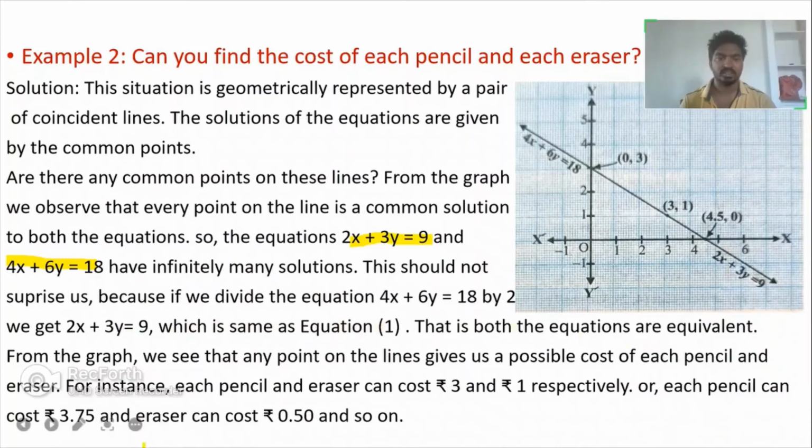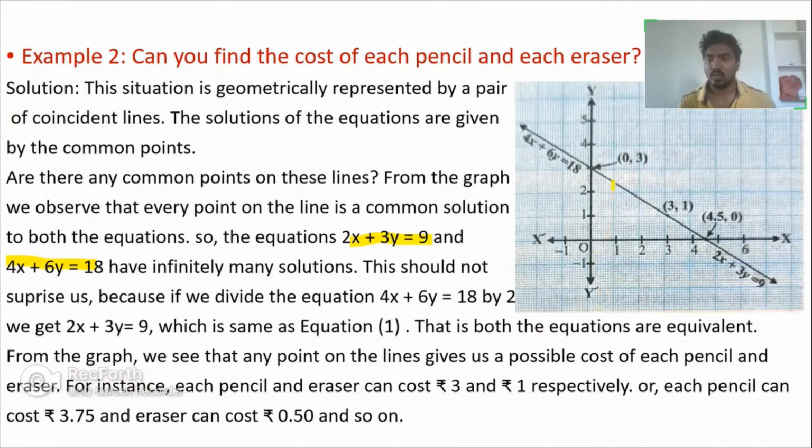So both the equations are equivalent. From the graph, we can see that any point on the line gives us a possible cost of each pencil and eraser. For instance, each pencil and eraser can cost 3 and 1 rupee, or 3.75 and 0.50, and so on.